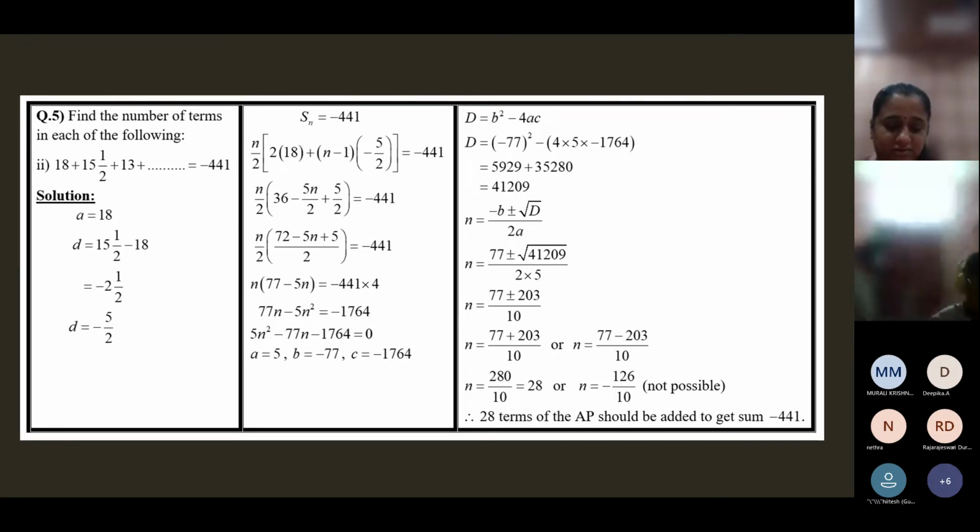Shreyas, your working is not clear and your equation is also not correct.